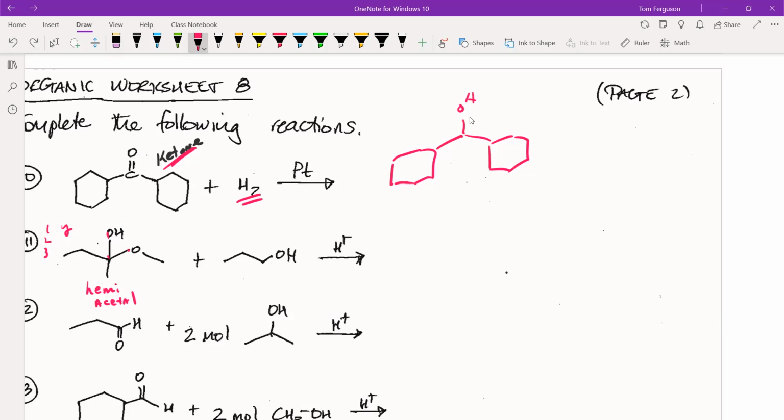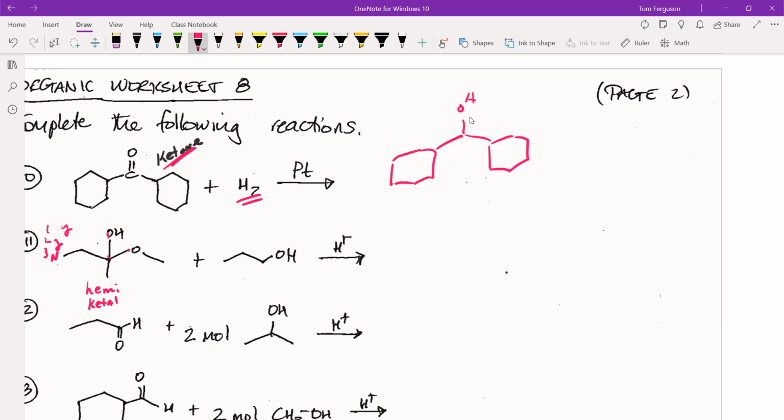We have an OH group, and then we have no hydrogens. We've got another carbon hanging off that. So that's a hemi. Actually, it's not a hemi acetal, it's a hemiketal because of number 3 there. Okay, so hemiketal started from a ketone.